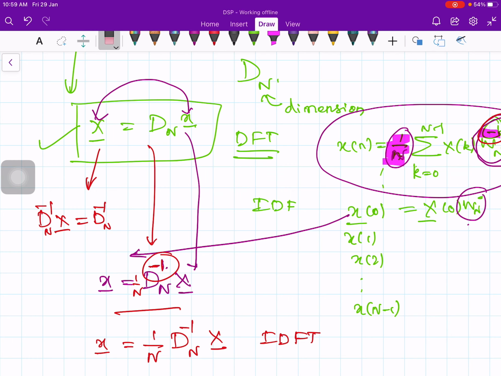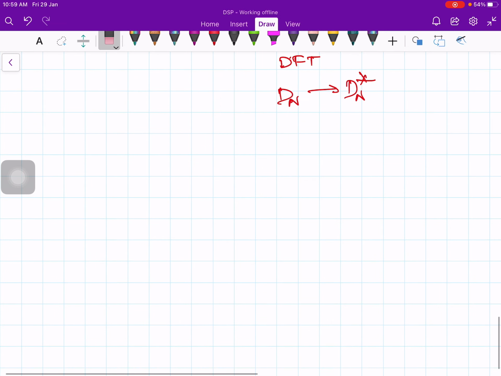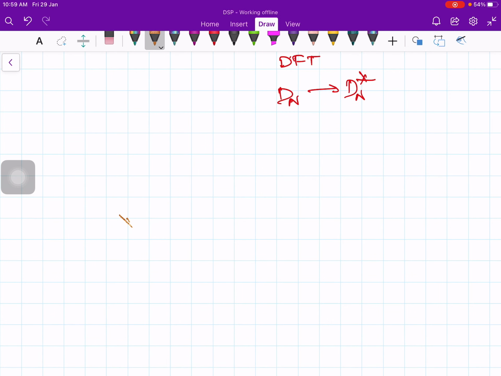Let me write it formally. Originally we had x bar is equal to dn times small x. Now pre-multiply by dn inverse on both sides. dn inverse x bar is equal to dn inverse dn times x. dn inverse times dn becomes the identity matrix In.